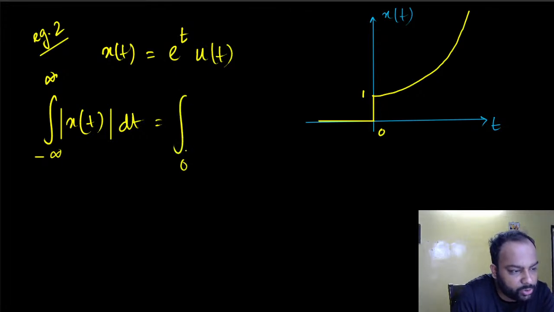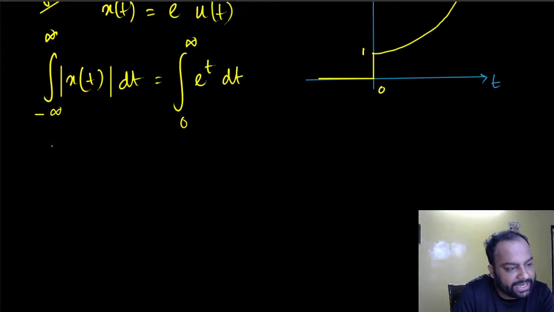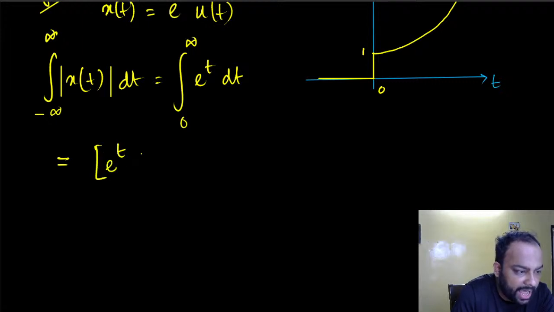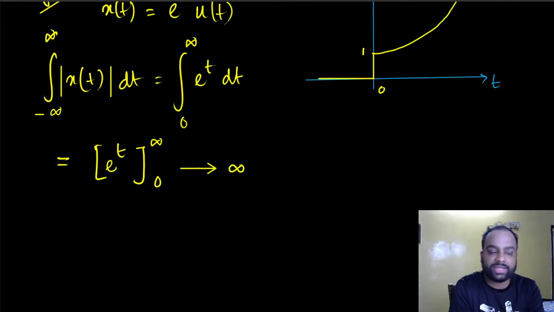So we would essentially have the same problem. The integral is e to the power t, upper limit infinity, lower limit 0. So this again tends to infinity. So essentially this also violates the necessary condition.